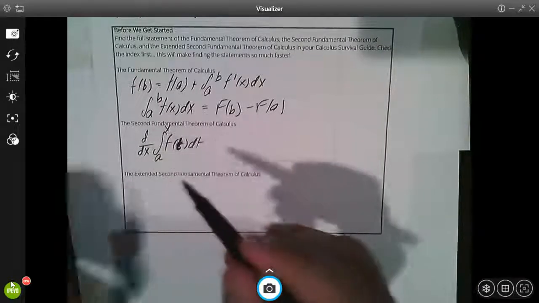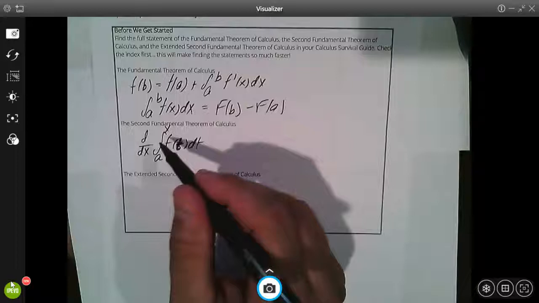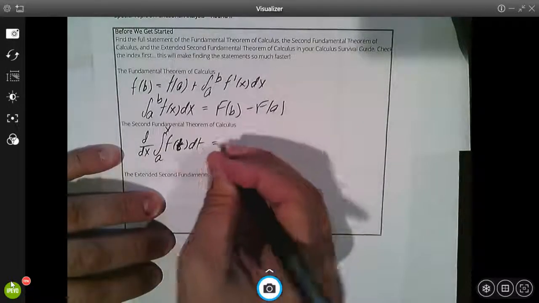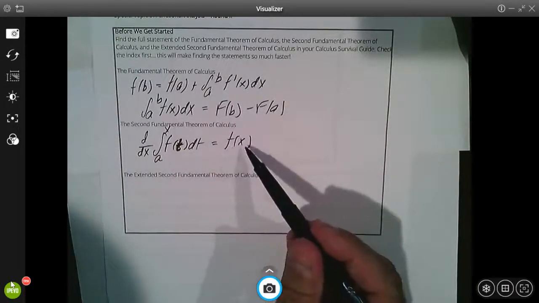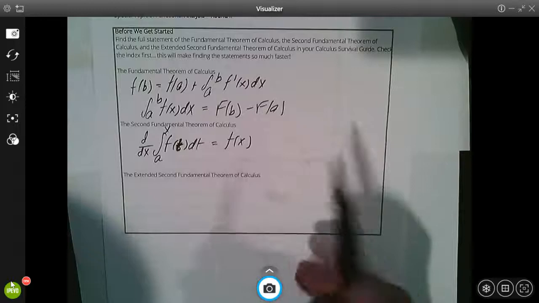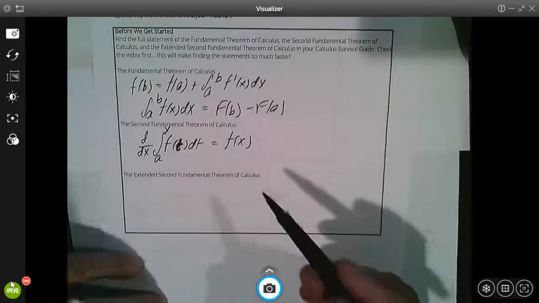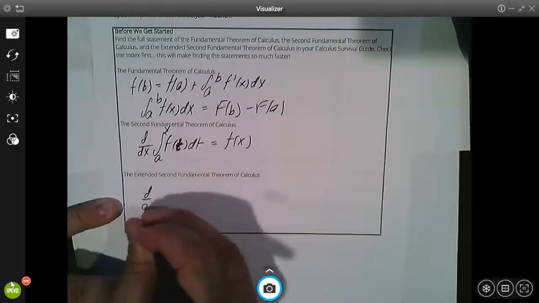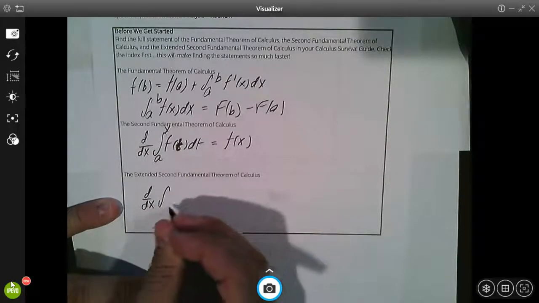This looks crazy. Look at all that calculus notation. The derivative of the integral of a function from a constant to a variable. All that happens is you get the original function back, evaluated at the new variable. That's it.